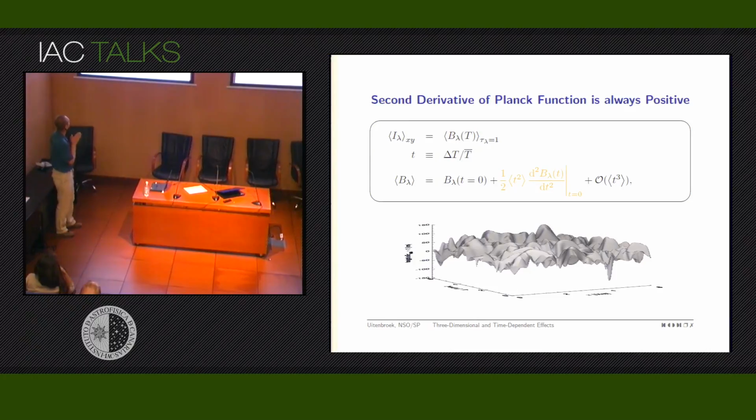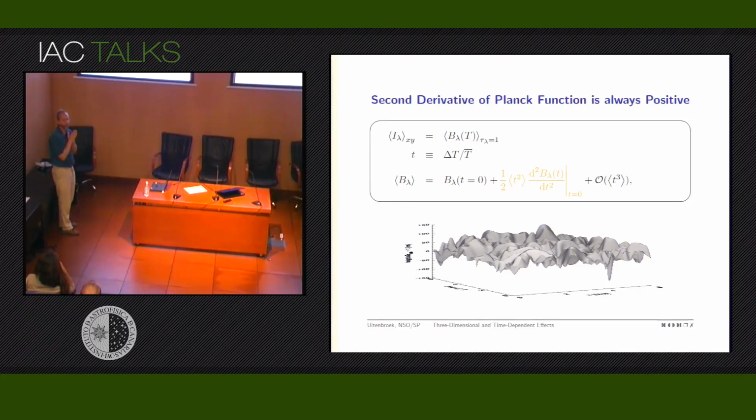Now, if we assume that the temperature variations compared to the average temperature are small, so that we can develop this Planck function in terms of a Taylor expansion in the relative temperature variation, then the average Planck function is the Planck function at the average temperature, t equals 0, plus the first order drops out because that's just the average temperature, plus variations of the second derivative of the Planck function.